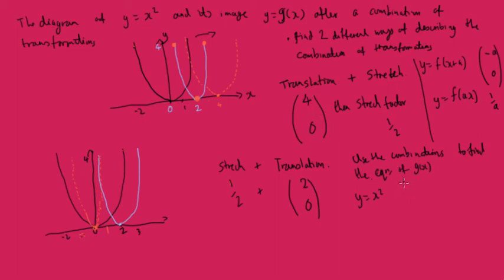Translation for 0 means y equals f of x minus 4. So where we have x, we're going to put x minus 4. So y is going to become x minus 4 squared.